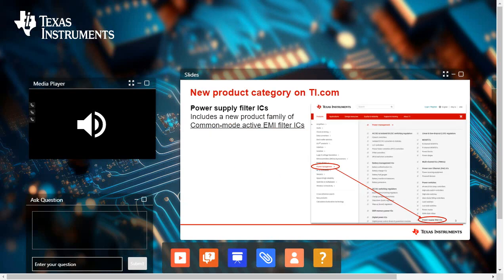Today, I have the pleasure of introducing you to a whole new product category from Texas Instruments. If you visit ti.com, you will find a new product category under power management called Power Supply Filter ICs, the subject of today's new product update.